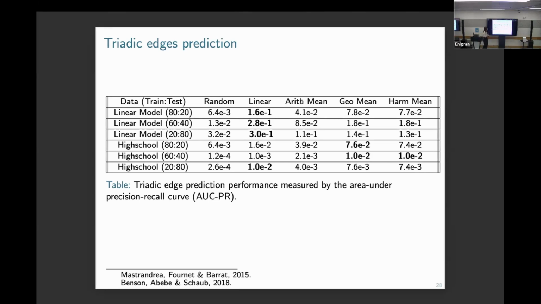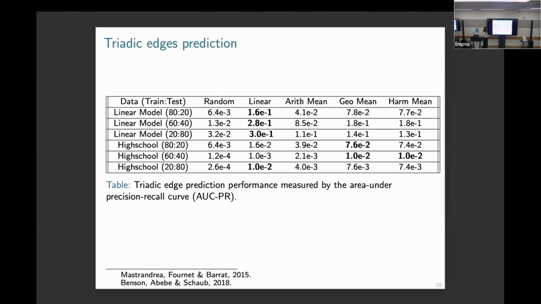Okay, and there are a few algorithms previously mentioned by Benson et al. And we also list random baselines, which assign a random probability to the hyperedges. So this is the prediction from the linear model, and those are some baseline models: arithmetic mean, geometric mean, and harmonic mean.